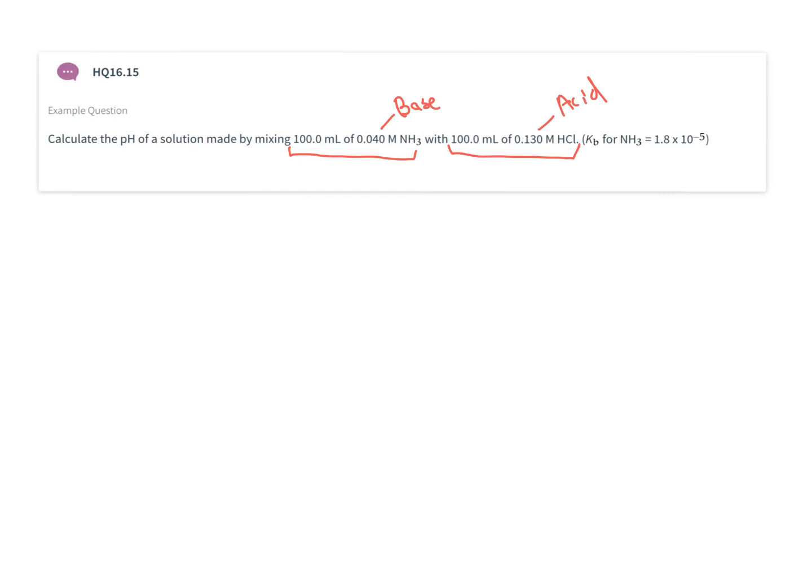So what we need to do to figure out the pH of this solution is add those two reagents together, determine how much reacts, how much we have left over, and then determine the pH. So a step-by-step approach, right? Step one, we're going to mix those two together and determine the moles that react.